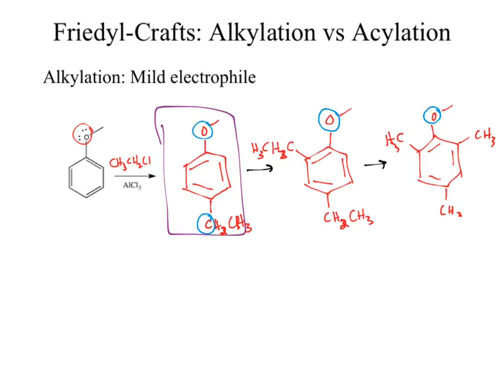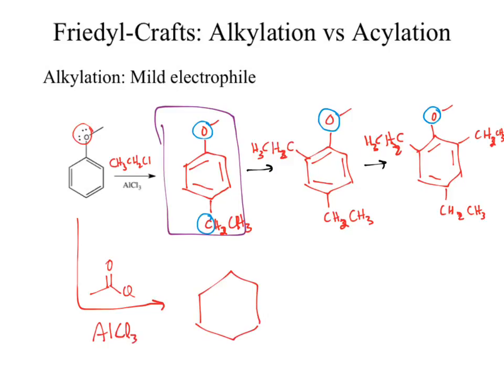How can I do it now? Couldn't you just acylate it and then reduce it? What we just talked about, you can acylate instead. So our reaction could instead be our acyl chloride with aluminum trichloride. That will take us to our monosubstituted again at our para position.